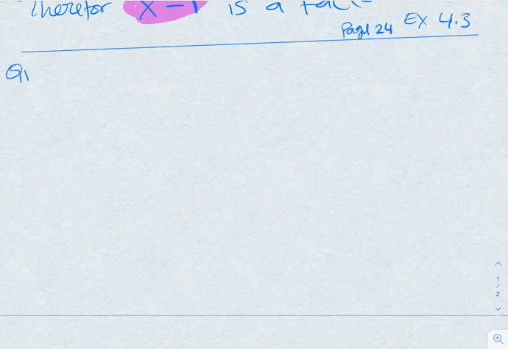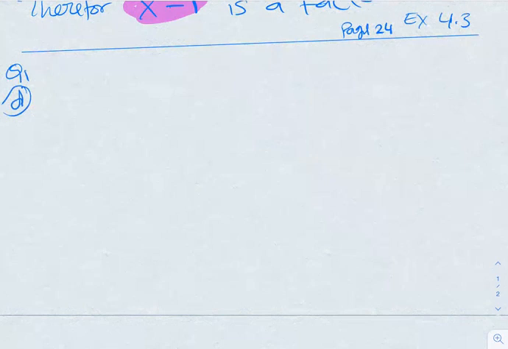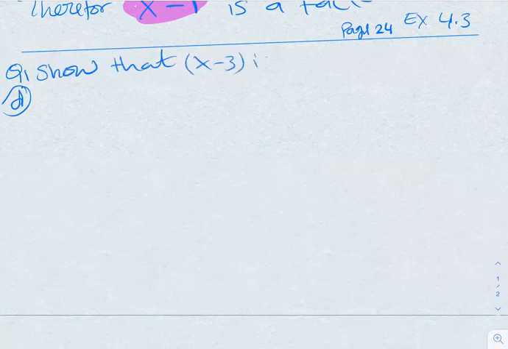I did question 1A above, and I can do, let's say, which one's this? D. So D, it's saying show that x minus 3 is a factor.